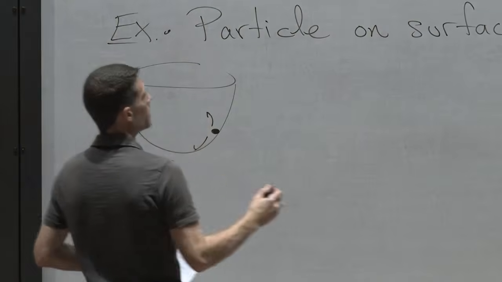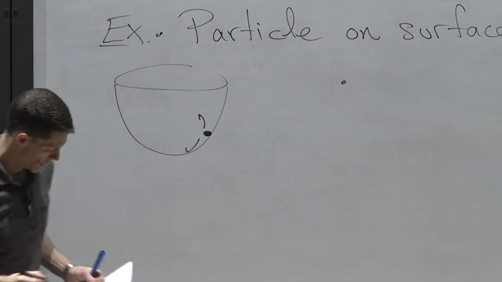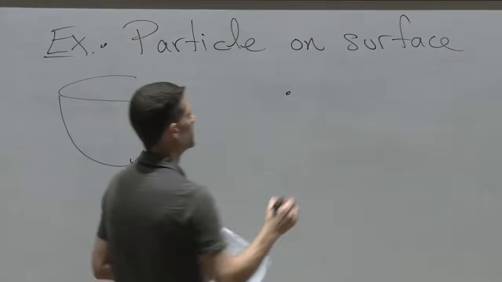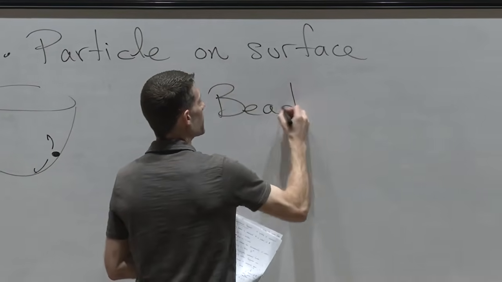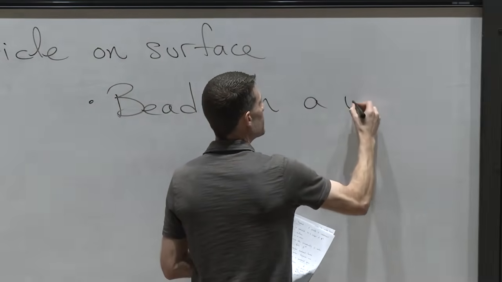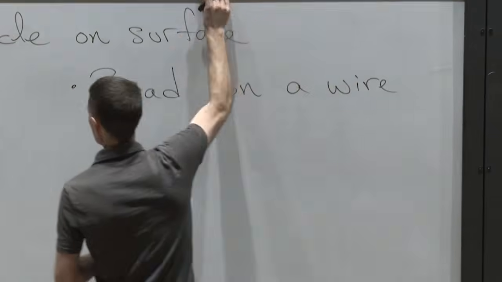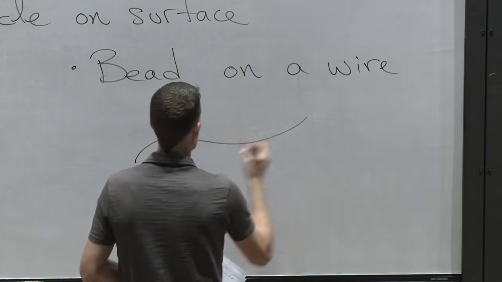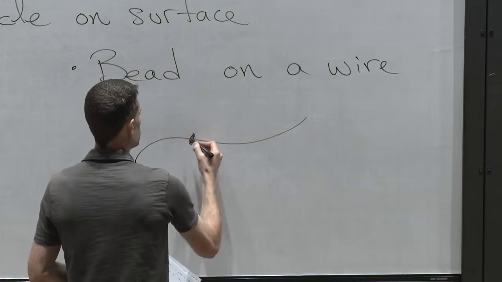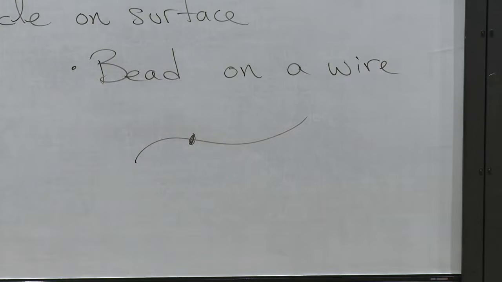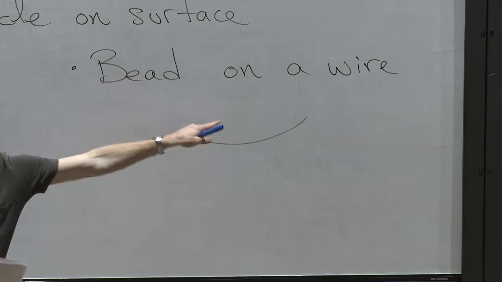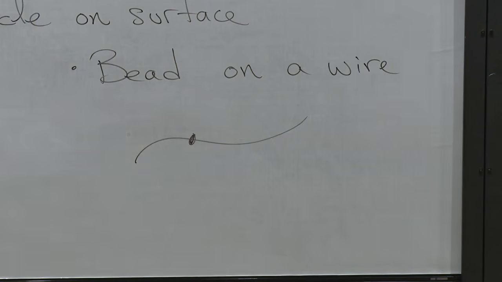Another example, they make for nice problems, is a bead on a wire. We saw an example like that the other day. And the constraint means that when I consider the motion, I'm only allowing the particle to ever be in that subset of R3. In this case, a 2D subspace. In this case, it's on a wire, so a 1D subspace.